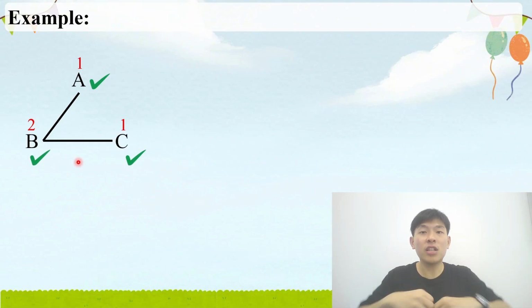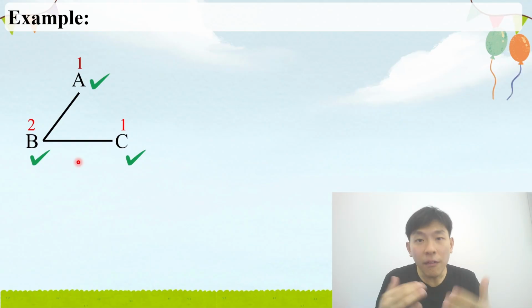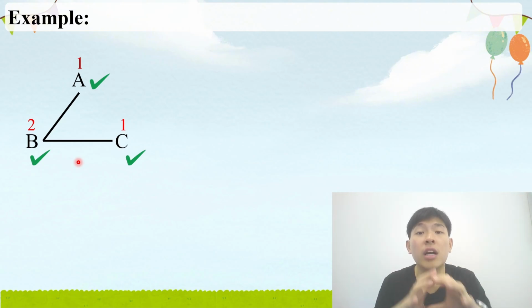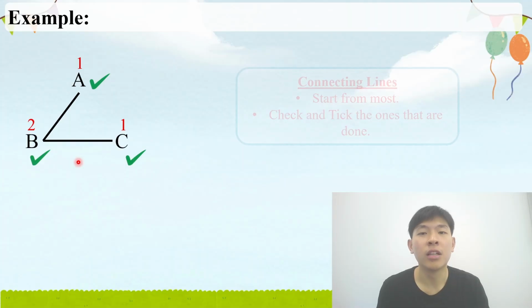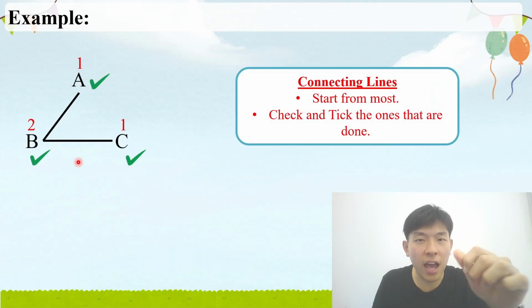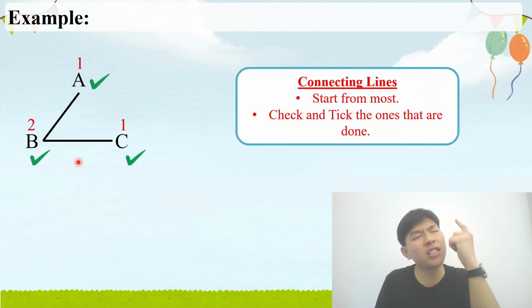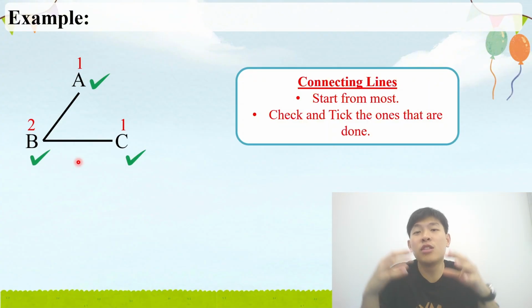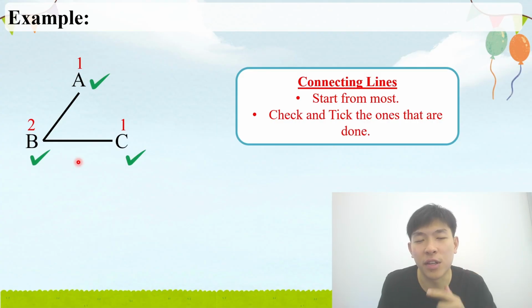That means that B shakes hands with all the people, so it's easier for us to do. After that, we check. Since B shakes hands with other people, other people will shake hands with B as well. So we check whether everyone is finished or not. So, connecting lines is the method, and we need to first start from the most number of handshakes. And then, after that, we just need to check and tick the one who is done.